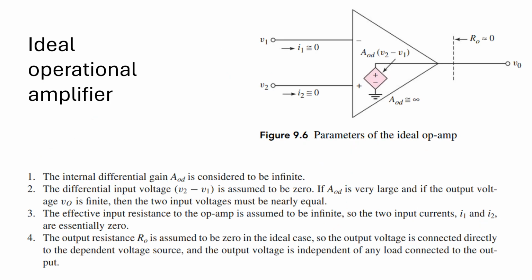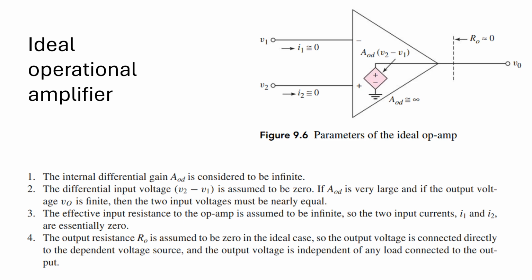Now, let's talk about some ideal operational amplifier parameters. First, the internal differential gain, that is A_OL or A_D, is considered to be infinity. It means our operational amplifier has very high gain, almost in the range of 10 to the power 6.